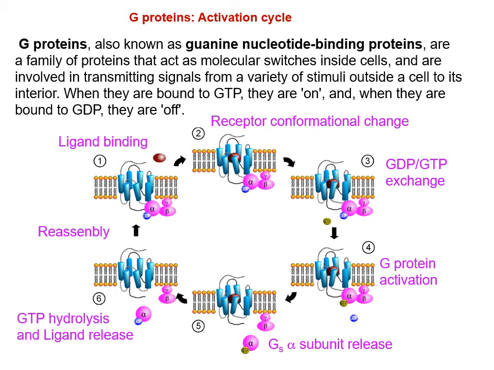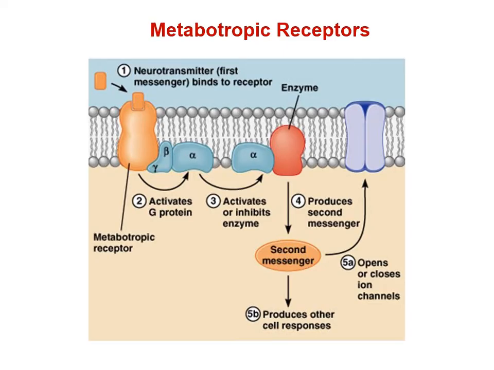And then once the alpha subunit has executed its activity, the GTP is hydrolyzed back to the GDP form, and the entire complex reassembles again. This is a scheme of how metabotropic receptors work in general. There are different variations to this activation scheme that we will see in the next slides.